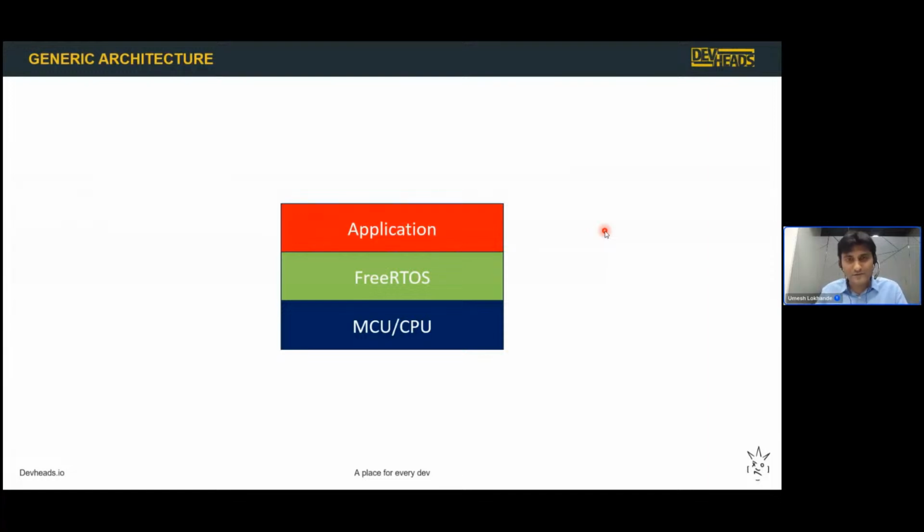You can also port it to your HAL API or something like that. And on top of the application, we have the user access. So this is the generic architecture. If somebody has never dealt with FreeRTOS and doesn't know where the middleware fits in, maybe this picture might help you see where FreeRTOS goes as a layer in the world of microcontrollers and processors.